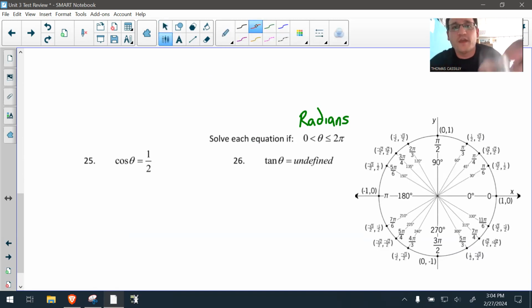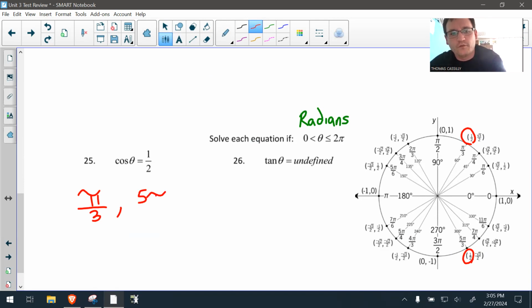Remember, cosine is the x value. So I see a 1/2 right here, and I see another 1/2 right here. What are those radian measures? That's pi over 3, right? And then we have 5 pi over 3.